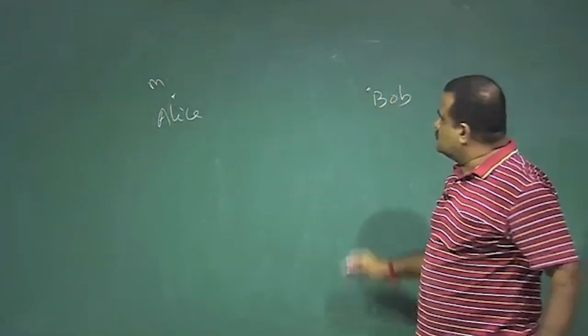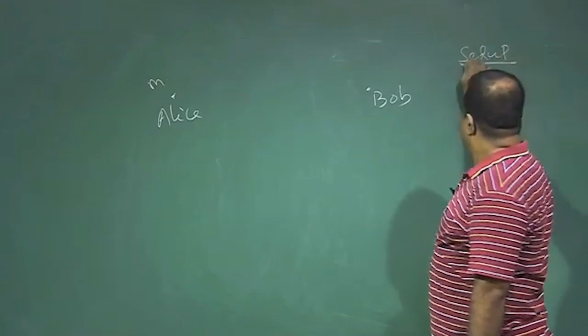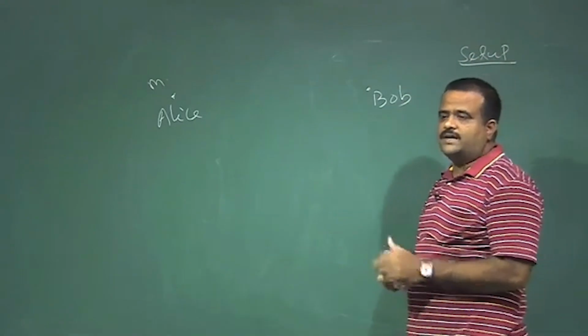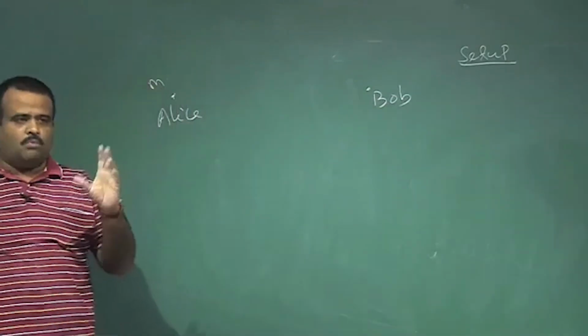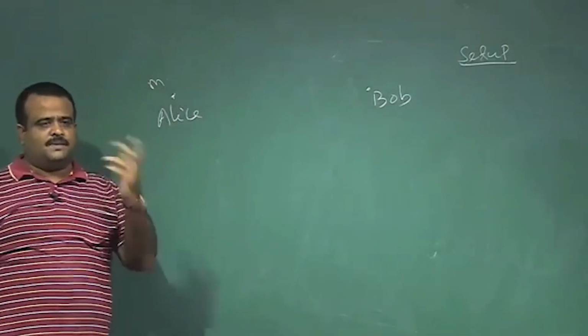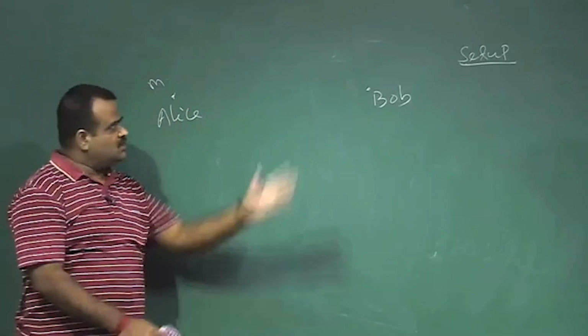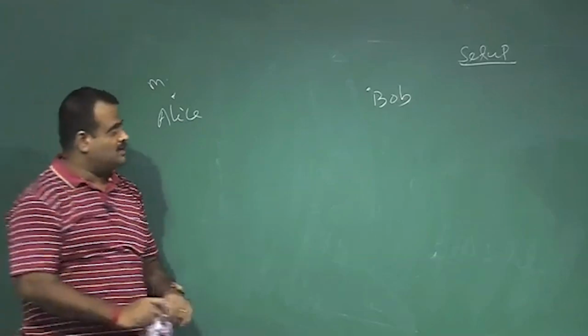Alice has to get the public key of Bob. That means Bob has to generate his public key, private key pair, and Bob has to make his public key public. So this setup has to be done by Bob, because Bob has to receive the message.